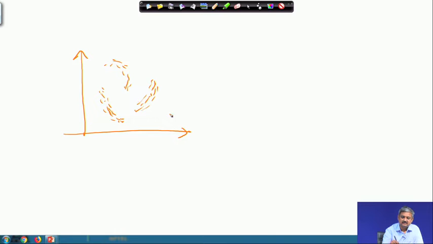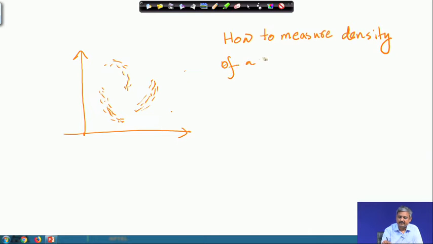Suppose these are my clusters and there are some outliers. So, how to measure density of a point? You should think how dense is a point.